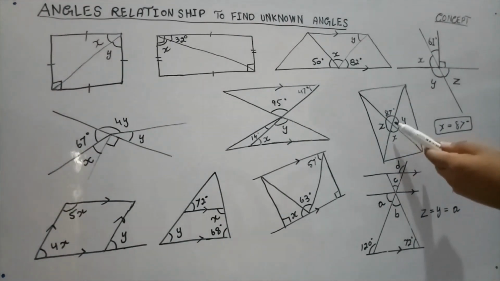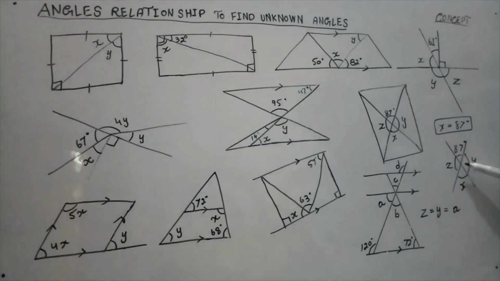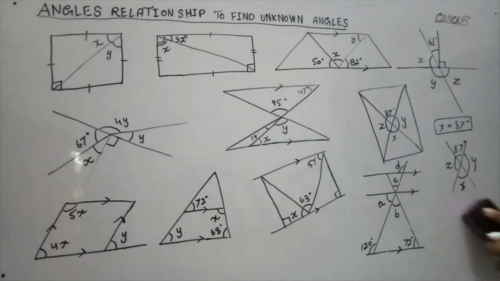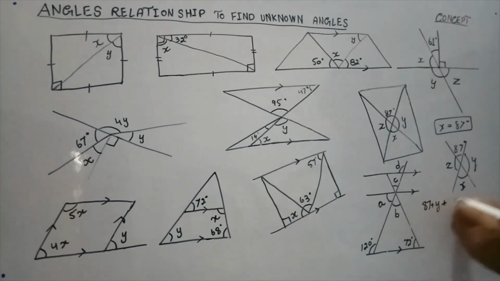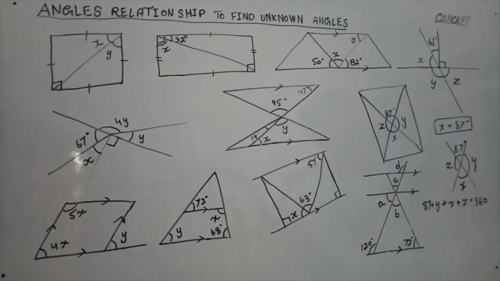It means that we have this intersecting point, and if I take the sum of all the angles present around it, 87 plus y plus x plus z, all the angles around a point, their sum will be equal to 360 degrees. This theorem says that.